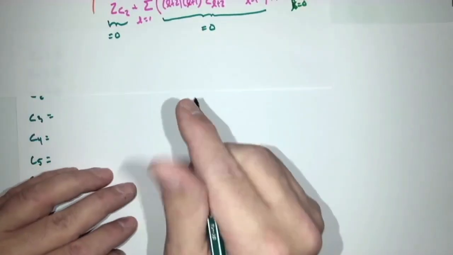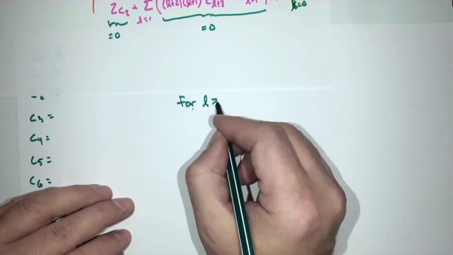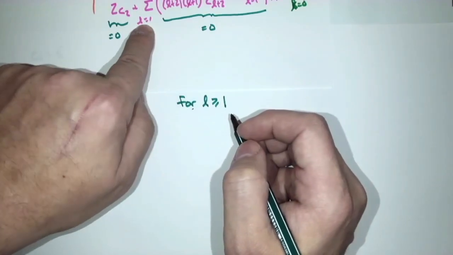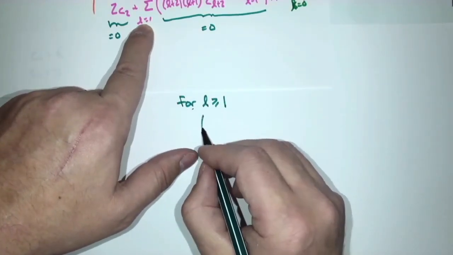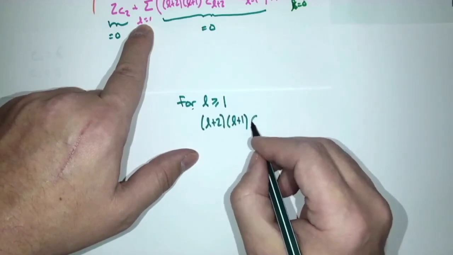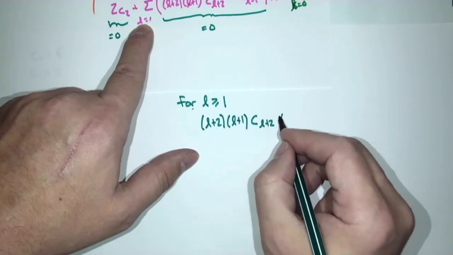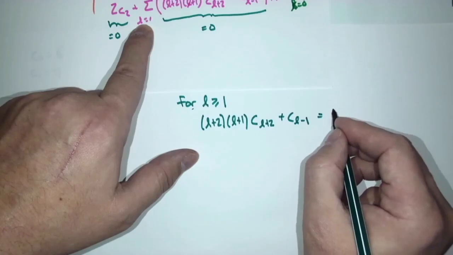I'm going to copy this down as well. This says for L greater than or equal to 1. The reason I say starting at 1 is that's where the sum starts, L equals 1. We have L plus 2 times L plus 1, C sub L plus 2, plus C sub L minus 1 equals 0.